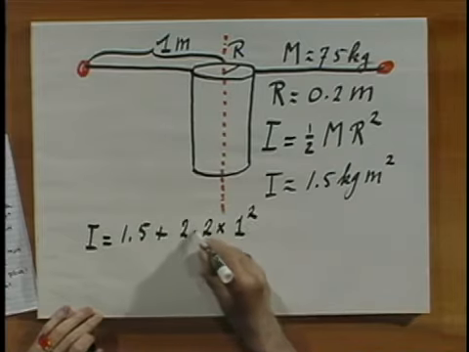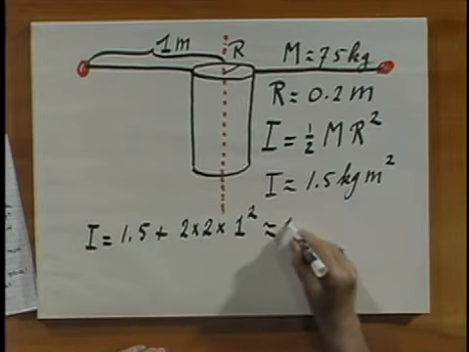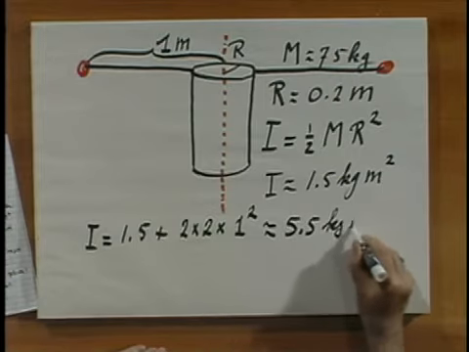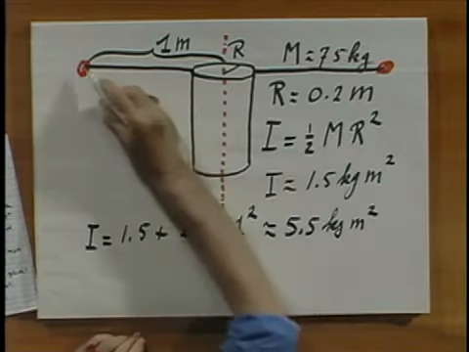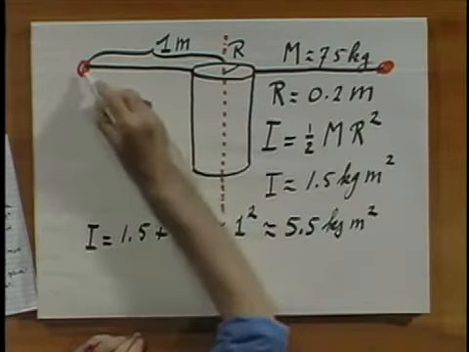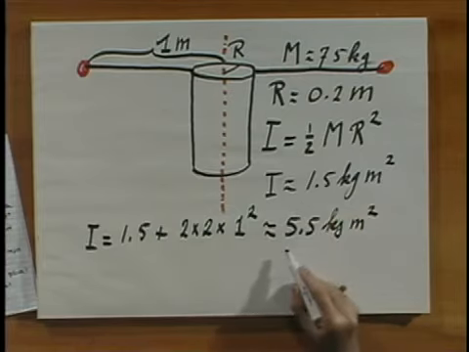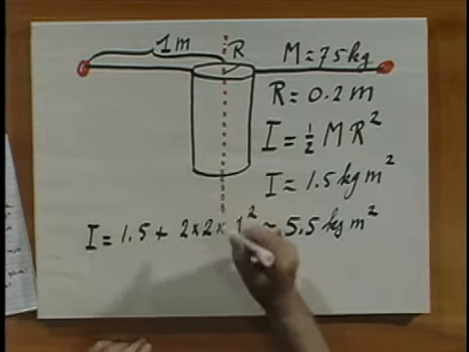Since there are two objects, I must multiply by 2. And then I come up with about 5.5 kilogram meters squared. You see that these two weights, 2 kilograms here and 2 kilograms there, make a huge difference in the moment of inertia of the person, as long as she has her arms stretched.